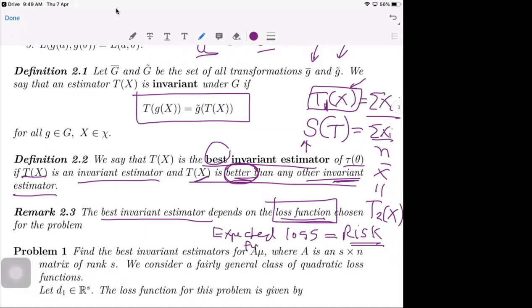So if we put function here, then we will be looking at a risk function, and the risk function that will give the smallest risk. So if it gives the smallest risk among any other invariant estimator, then we say that that estimator is the best invariant estimator.